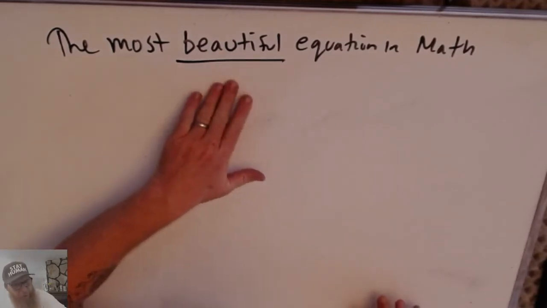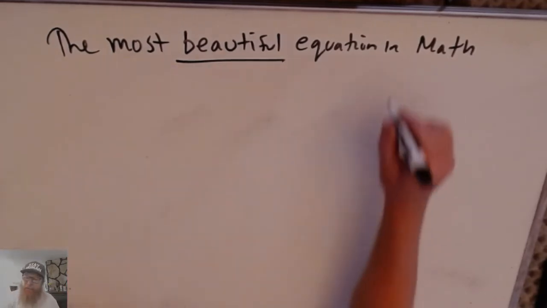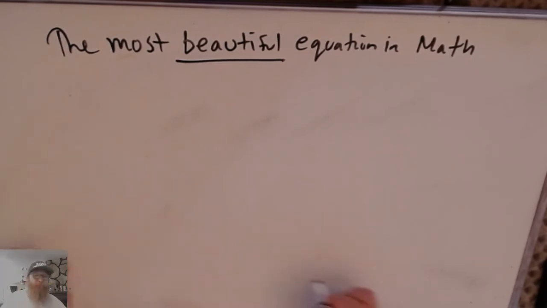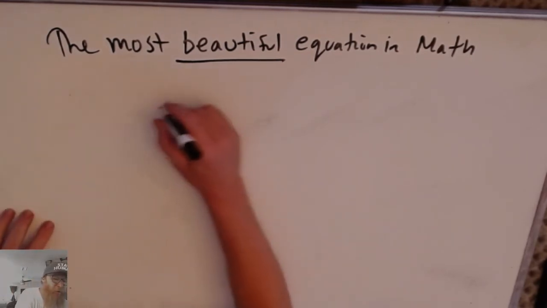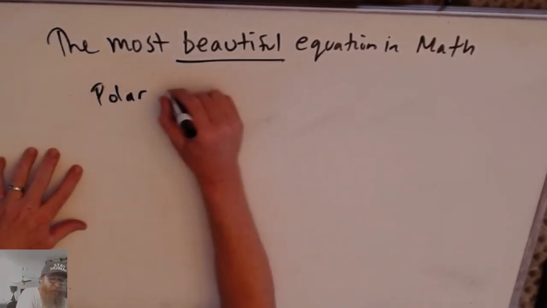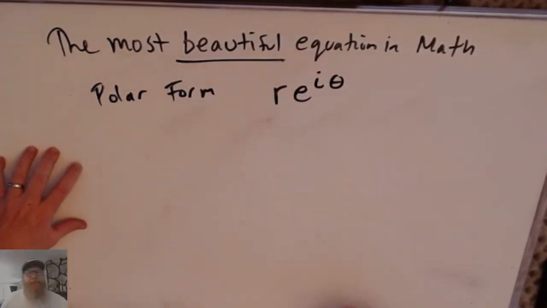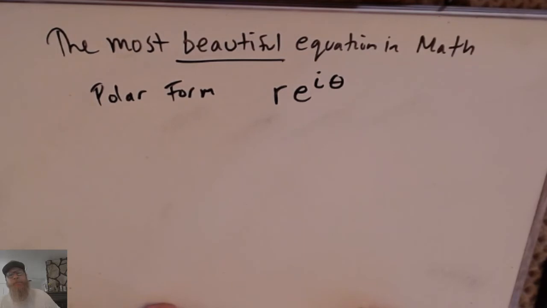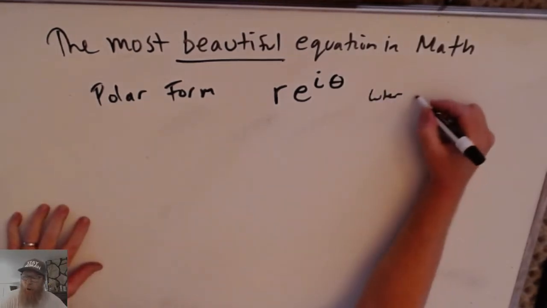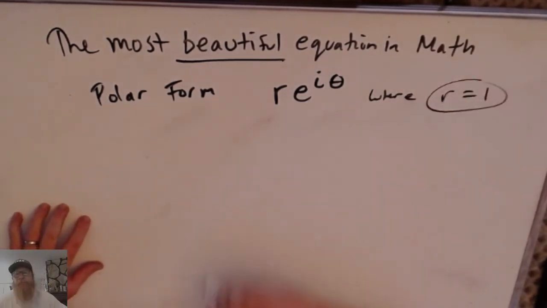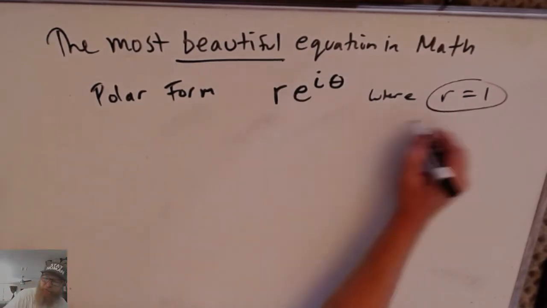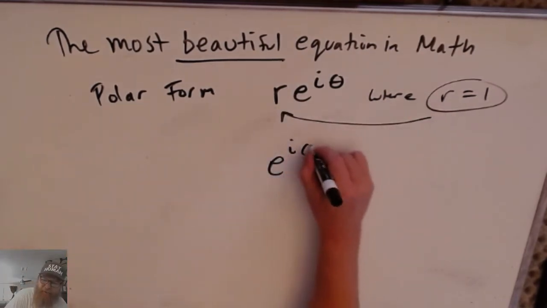If you Googled the most beautiful equation in math, I guarantee you would get this equation. It goes back to the polar form r e^(i theta), where r is equal to 1. So we have e^(i theta).